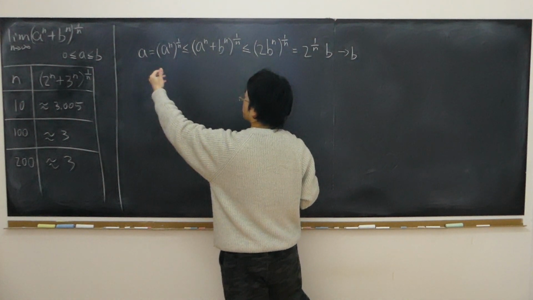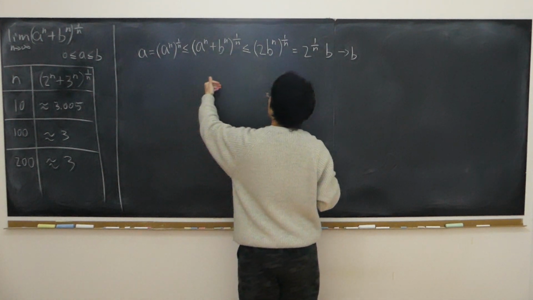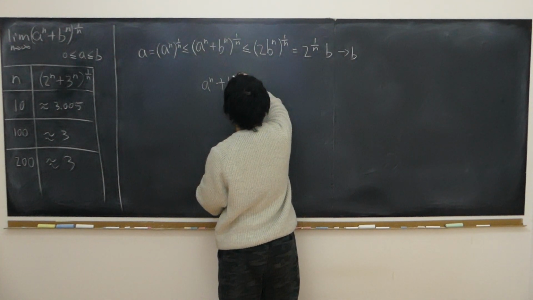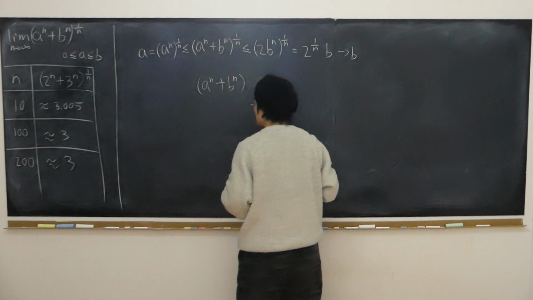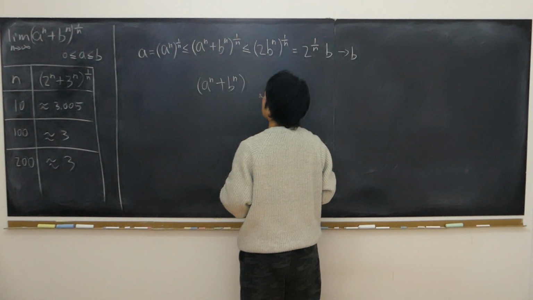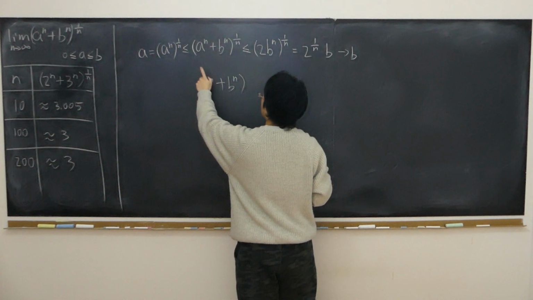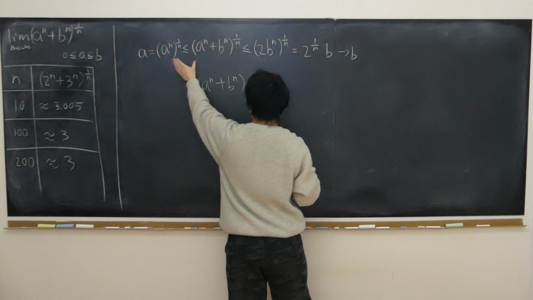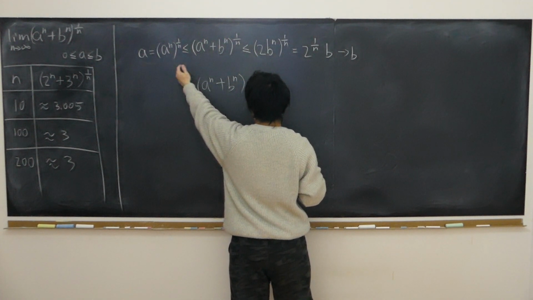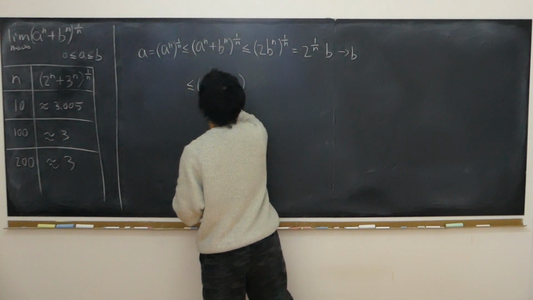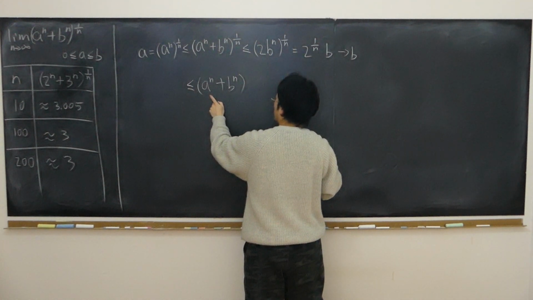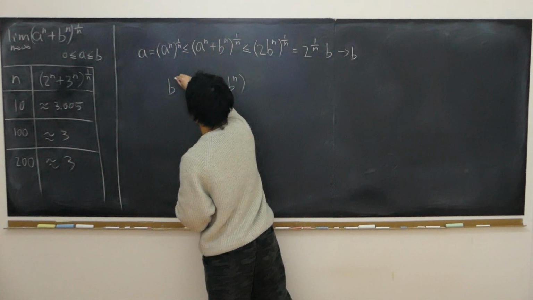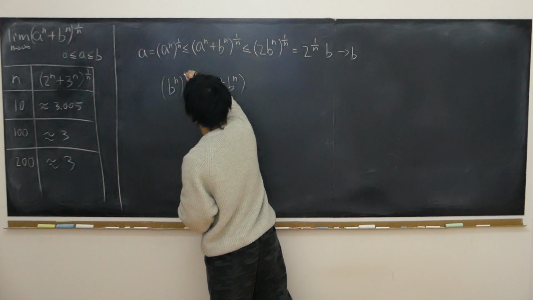So this is a failure, but what if we want to say a to the power n plus b to the power n? Let's just tweak it a little bit. How about instead of replacing here, we just simply get rid of a to the power of n and only left with b to the power of n, to the power of 1 over n?